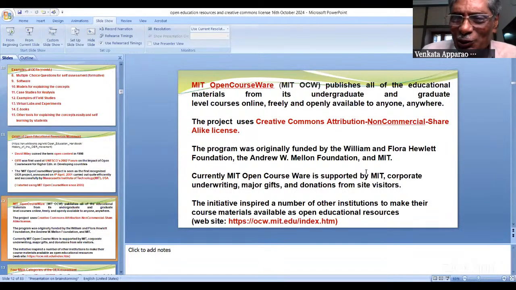By that time I had also retired, superannuated. However, so now MIT initial revenue, philanthropic contributions, and also donations from the users, from the MIT Open Courseware site visitors. So that is how it is functioning very well since 2001.